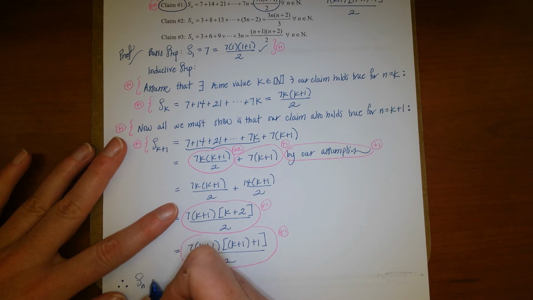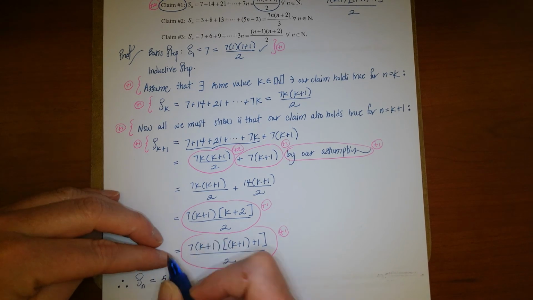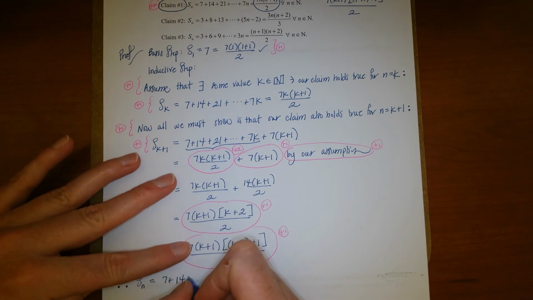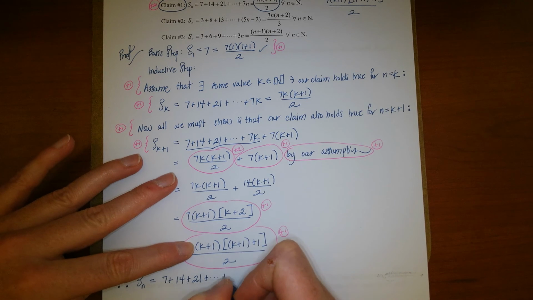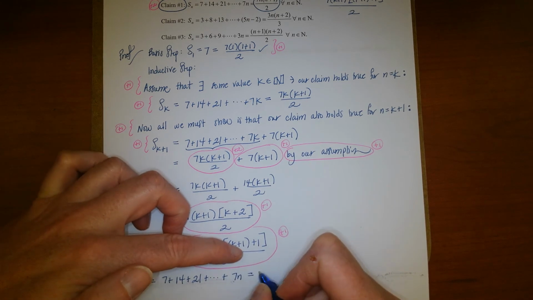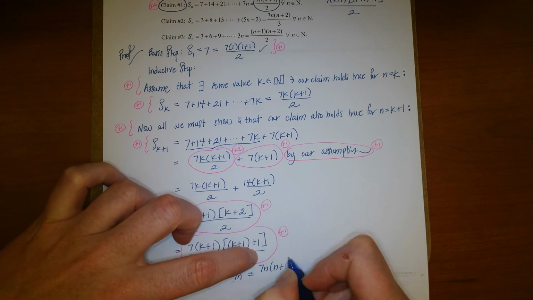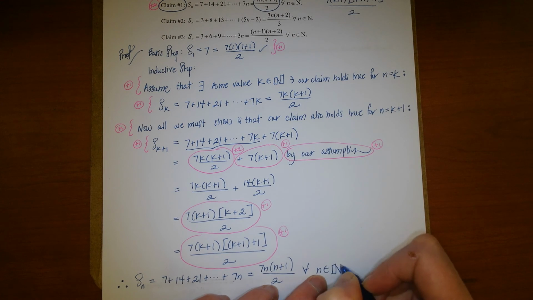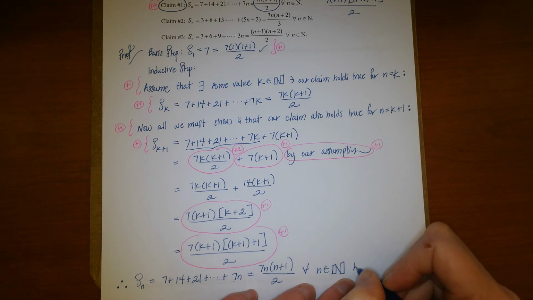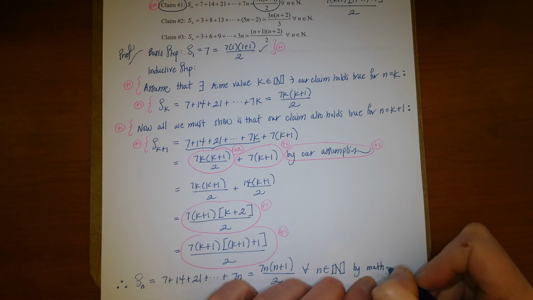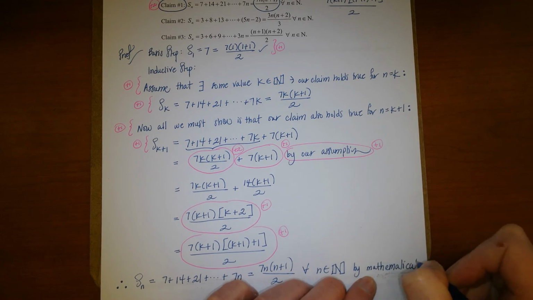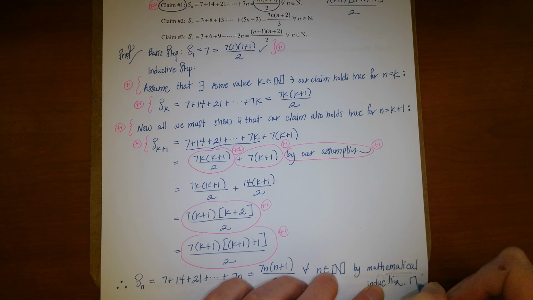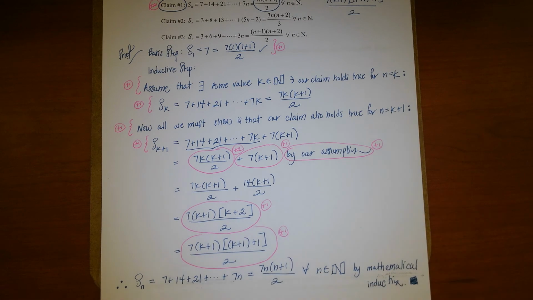So therefore, the sum of the first n terms defined as 7 plus 14 plus 21 plus all the way down to 7n is indeed equal to 7n times n plus 1 all over 2, for all n from the set of the natural numbers, by mathematical induction. Period, and end of proof, QED, or the little box.